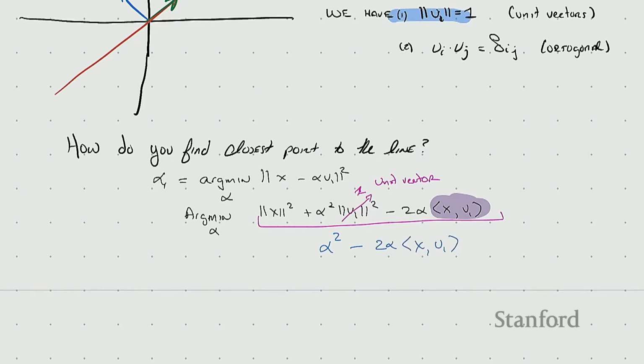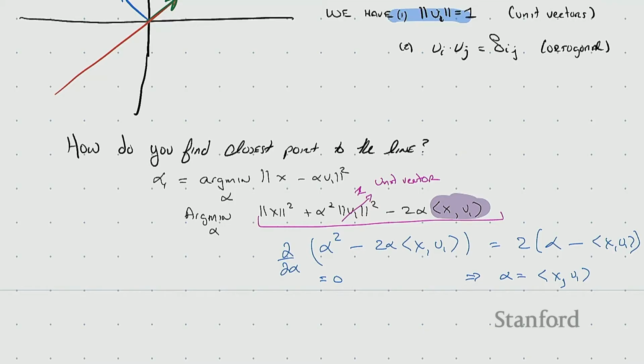And when we take the derivative with respect to alpha of this expression, that equals 2 times alpha, which is from the first one, minus x u1. Now, to set this equal to 0, this implies alpha equals x dotted into u1. That's all that's saying.